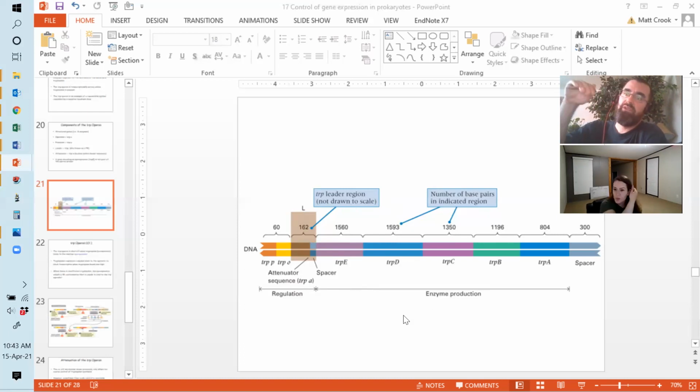Now tryptophan levels start going down, right? Because you're producing less of it, because there are fewer enzymes around to make it, because the trp operon expression is decreased. It's not off, but it's decreased. Now tryptophan levels start dropping, and they're dropping because they're continuously being used to make protein, right? They're amino acids.